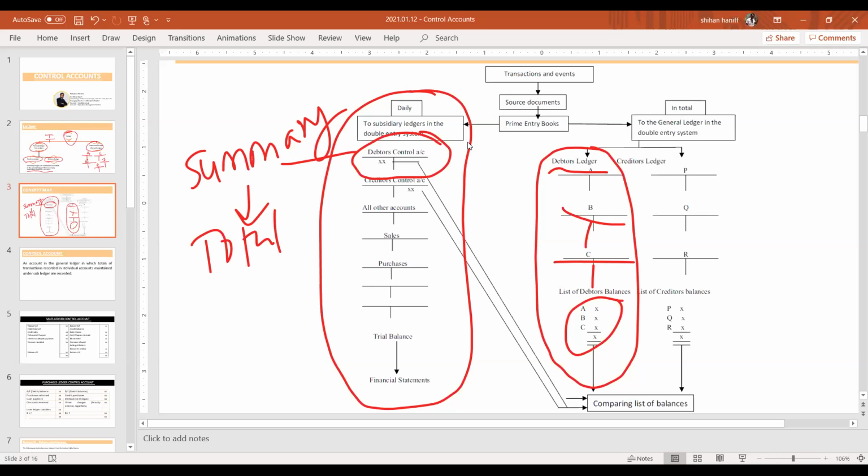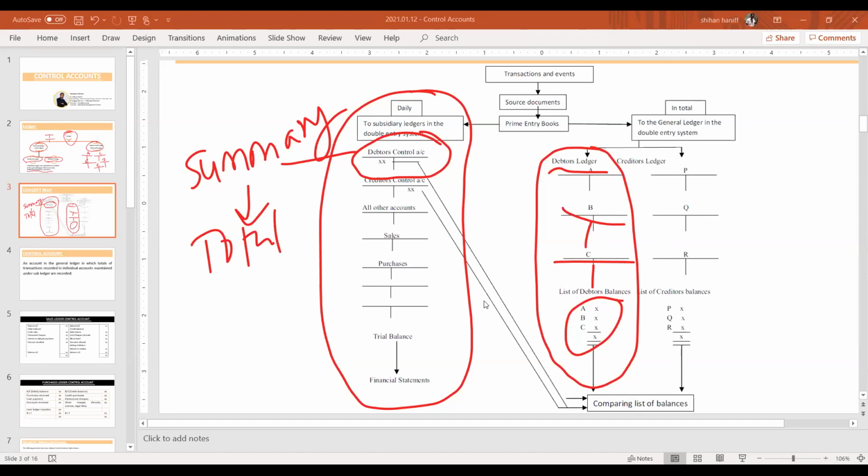When I do the example, I will show. There was a question: if there are only a few debtors and creditors, we use the general ledger. Yes. If there are only 2-3 debtors or creditors, businesses don't prepare separate ledgers. They will just show that in the general ledger itself.